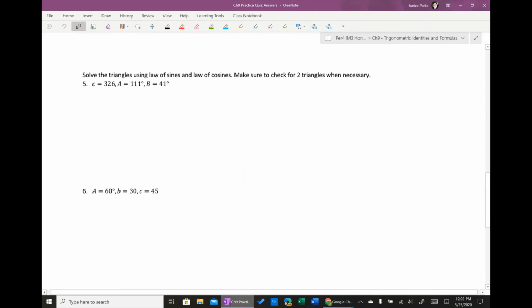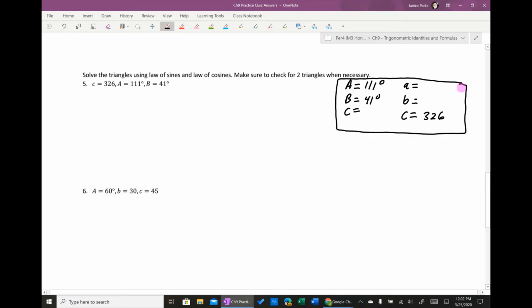Okay, for number 5, let's go ahead and start like we do all the rest of the problems. In this case, they give us C is 326, angle A is 111 degrees, and angle B is 41 degrees. So when they give you two angles, these are the easiest types of problems to do.